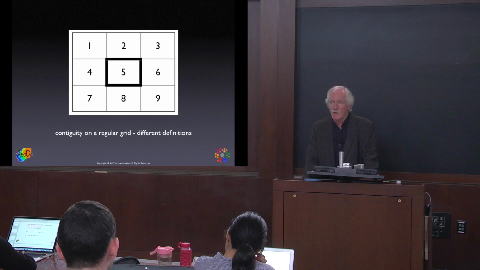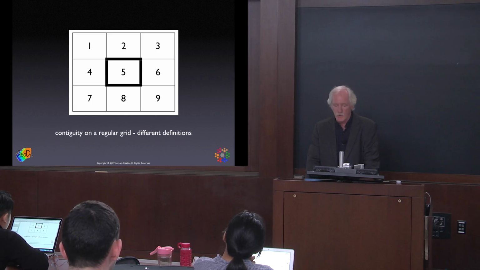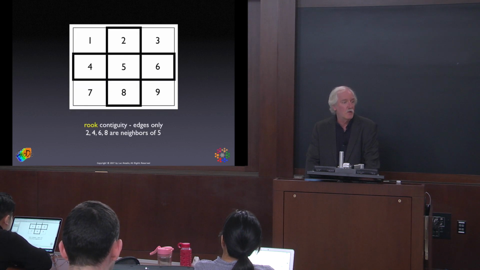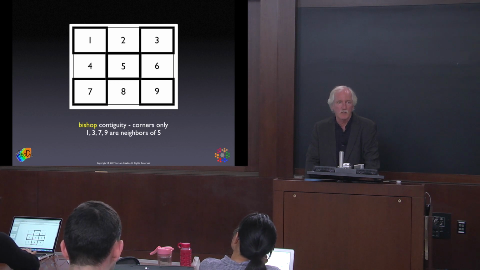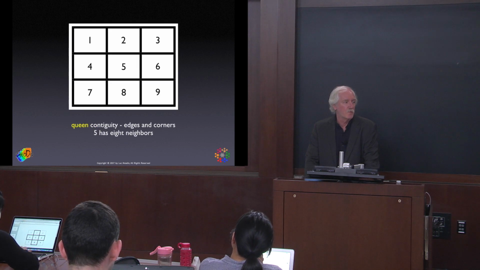One slight complication is that the notion of neighbor in geography is not without ambiguity. Even on a regular grid, we can look at neighbors that have a common edge. We call that rook neighbors. We can look at neighbors that have a common corner. We call those bishop neighbors. This is chess terminology. And then we can combine the two. We call them queen.